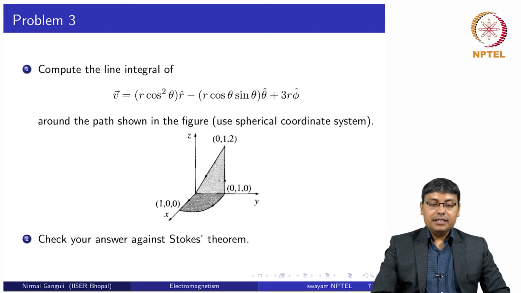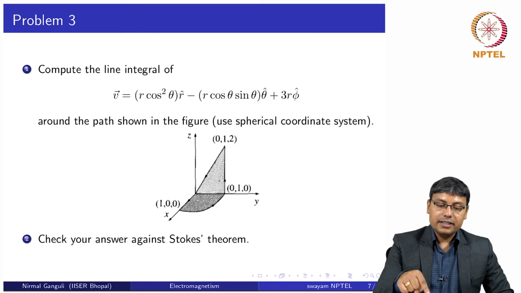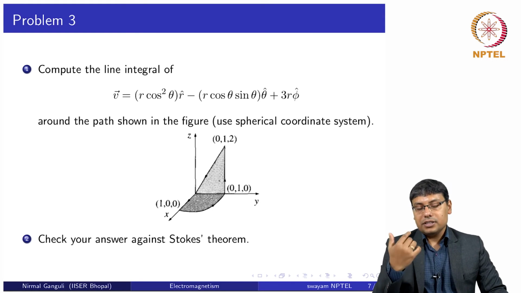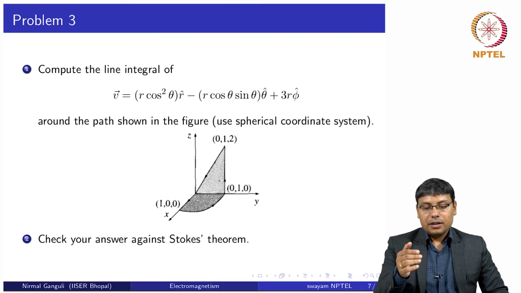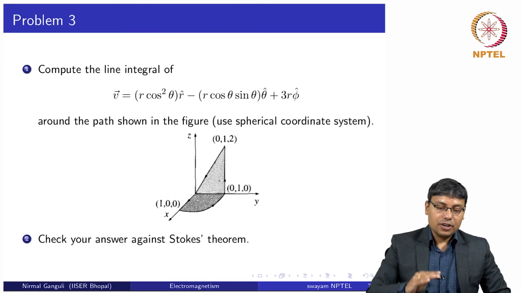And then check your answer against Stokes theorem. What does Stokes theorem tell us? Stokes theorem tells us that this line integral encloses a surface, a part of the surface lying on xy plane and another part lying on yz plane.